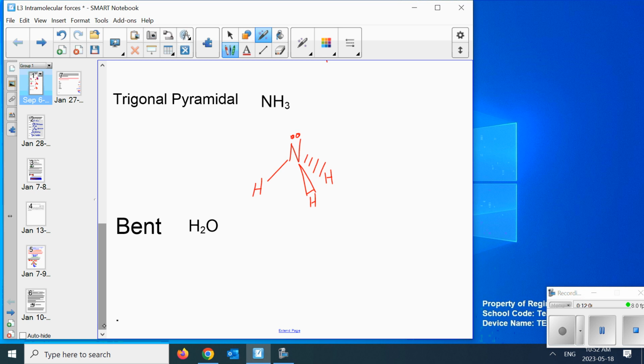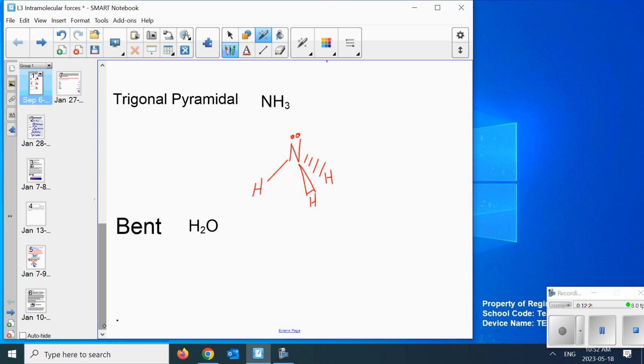Now, bent is just a tetrahedral shape, and water is the example of bent. Let's put water in a model kit, and we always use the sticks to represent the electrons that are paired, or aren't bonded. Doesn't this just look like my tetrahedral shape again? But the electron pairs are occupied.